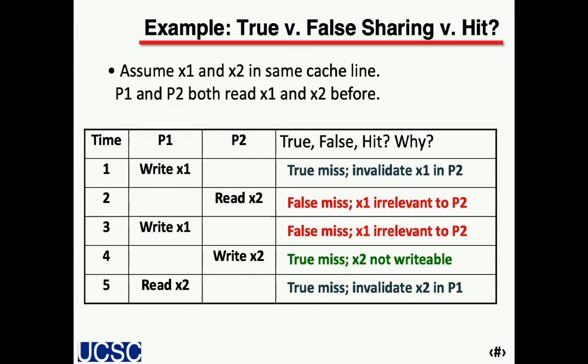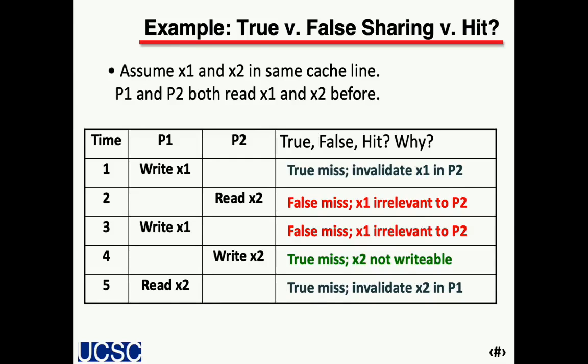Question: can you explain time 3 once again? Okay, so let's remind ourselves, after time 2. At time 2, we had a system such that both caches were in the S state, right? And we call this a false miss because we didn't care about the fact that P1 had X1.